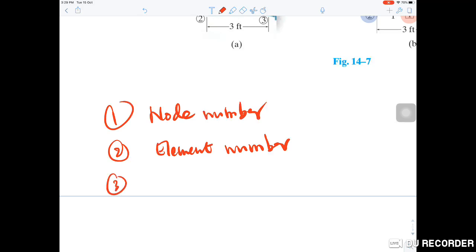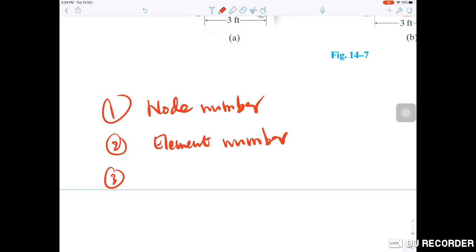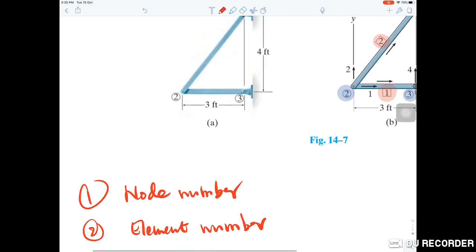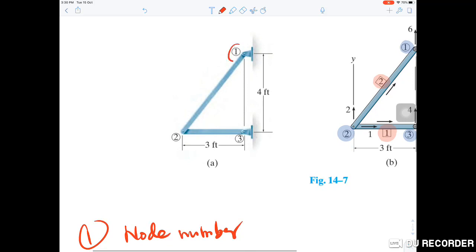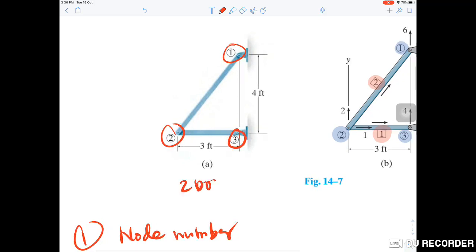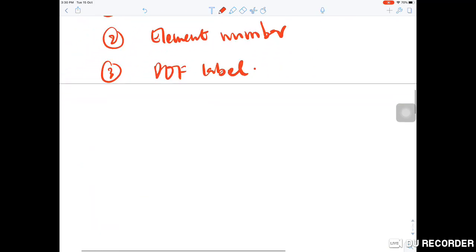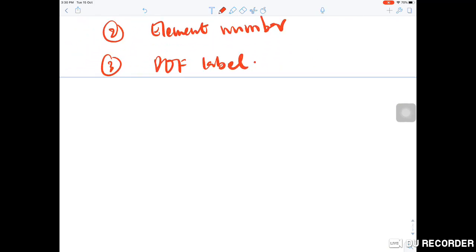Okay, step number 3, this is the most important thing. This is the degree of freedom label. Since there are 3 nodes, 1, 2, 3, and in truss there are 2 degrees of freedom per node. So what we need to do is divide the truss into 2 systems.